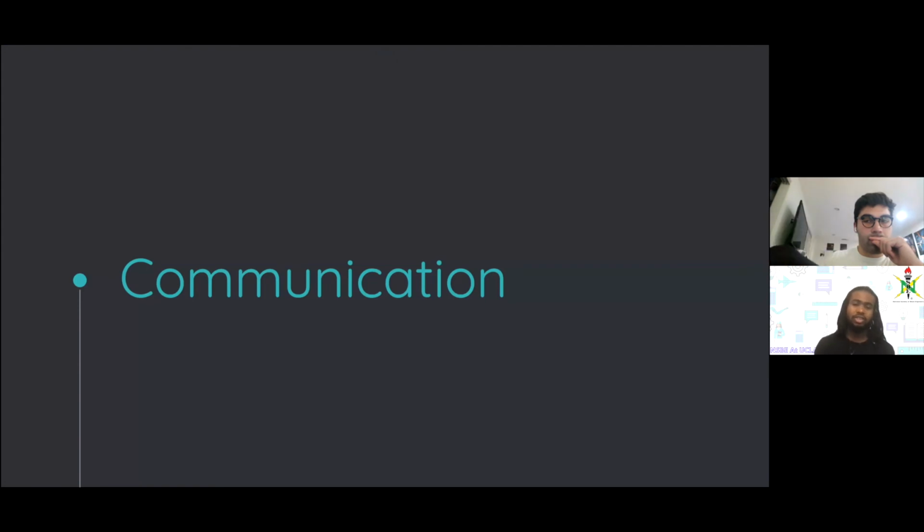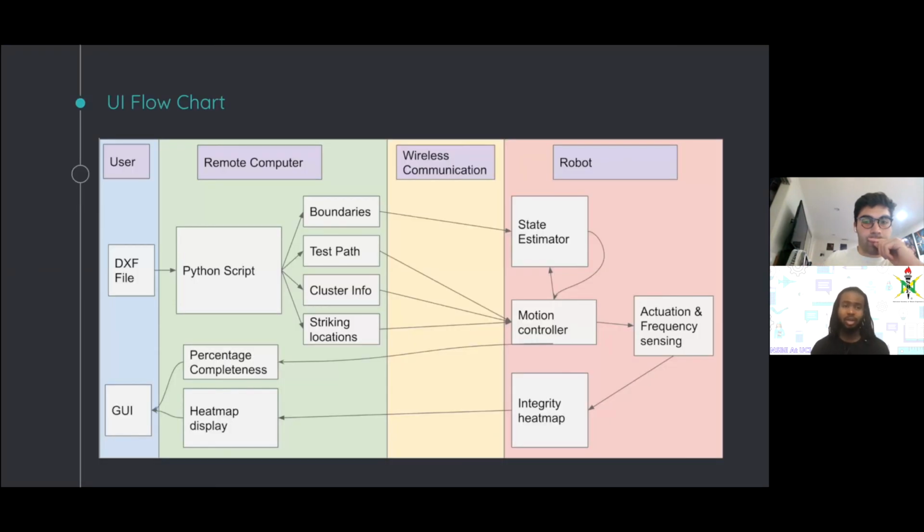Okay, so our users also need a way to communicate with this robot, and the robot needs ways to communicate back with the user. So now we'll talk a little bit about our communication subsystem. First, we started off by creating a UI flowchart, and you can see that the user starts with a DXF file, puts it into a remote computer that will calculate information related to path planning.